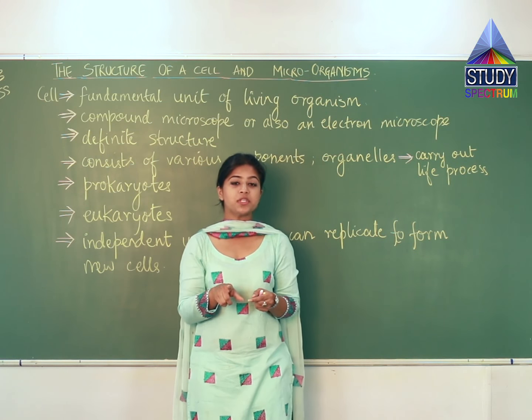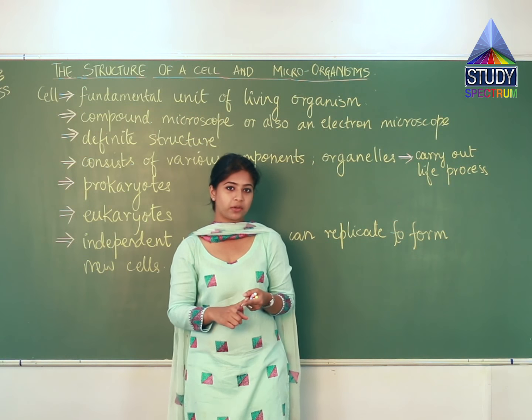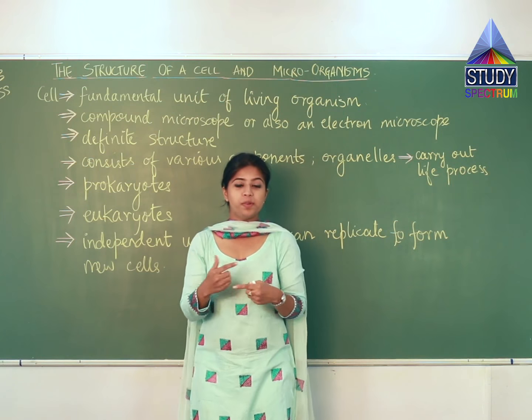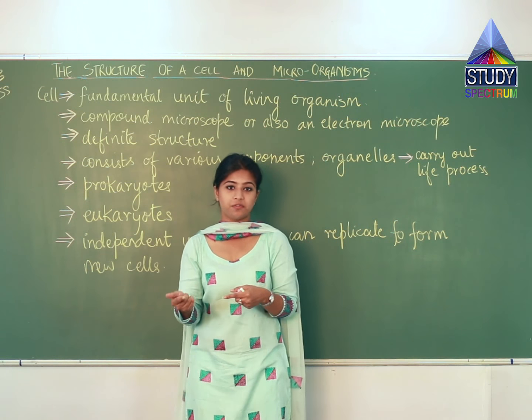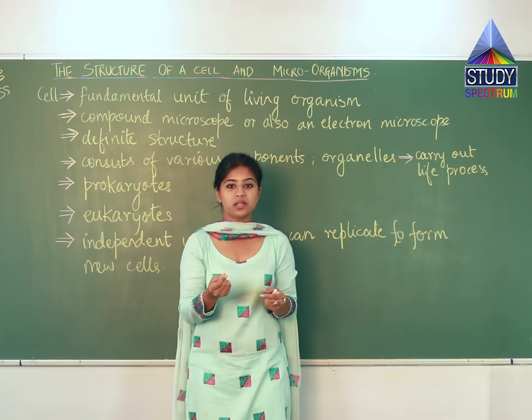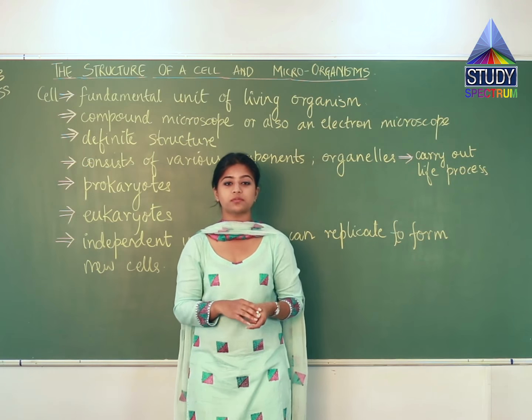For that purpose we have a specialized microscope, the electron microscope, which provides around 2 billion times more magnification. So imagine how minute these organelles are, present within the cell in a precise composition.